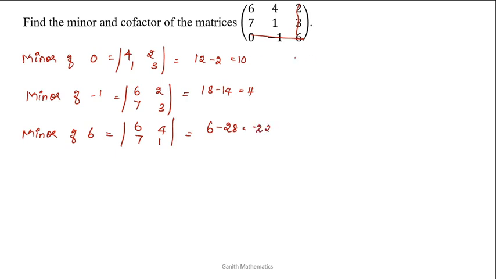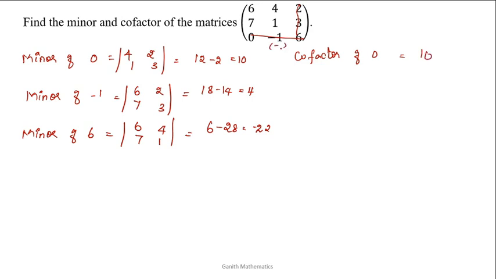So you can find the cofactor. So cofactor of 0, you just find the value, that is minus 1 to the power i plus j. It is in the position of 3 1, so 3 plus 1 will be 4. When it is an even number, that will be positive, so it is 10 itself.